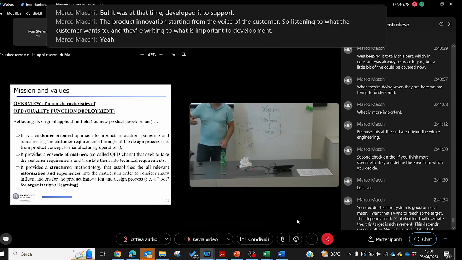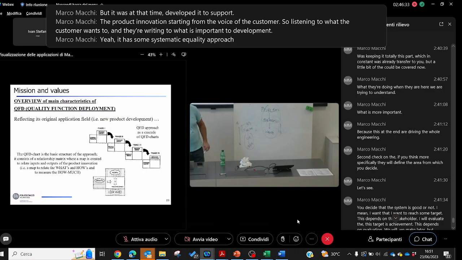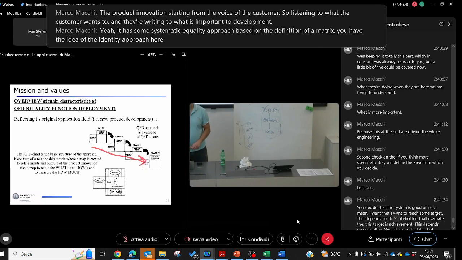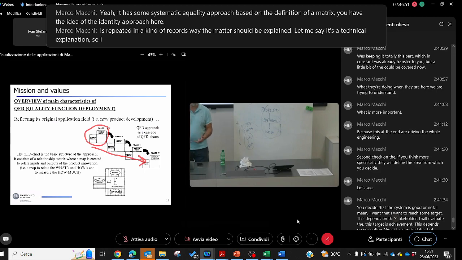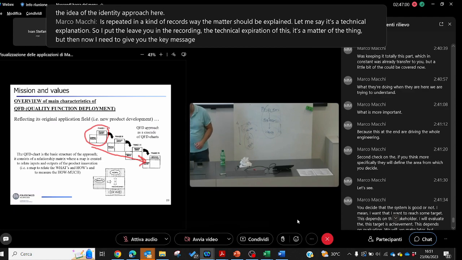It has a systematic iterative approach based on the definition of a matrix. You have the idea of the iterative approach here. The matrix is repeated in a kind of recursive way. The matrix should be explained. It's a technical explanation, so I could leave you the technical explanation in the recording. It's a matter of detail, but now I need to give you the key message. What is the key message?